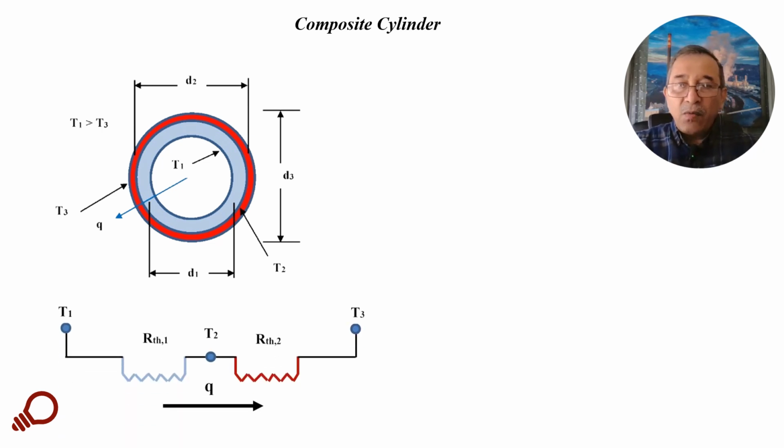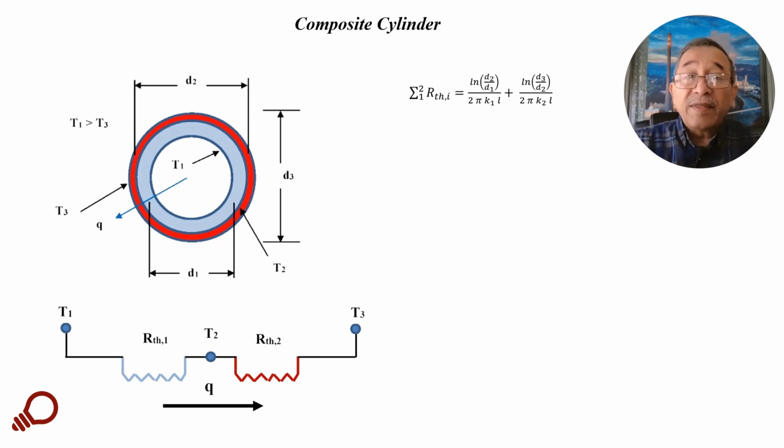So now we have two thermal resistances which are connected in series with an overall temperature difference between the inside and the outside equal to T1 minus T3. As we studied before, the thermal resistance for two layers can be calculated in the form of the first layer, which is for the tube itself, and the second part, which could be for the insulation material.